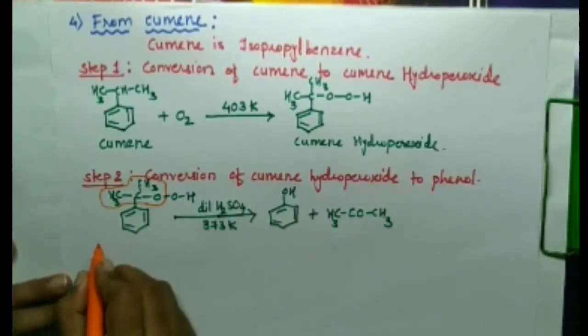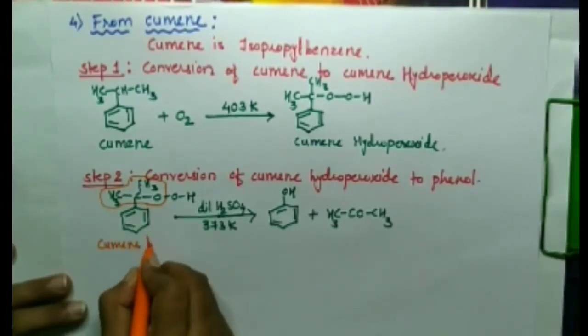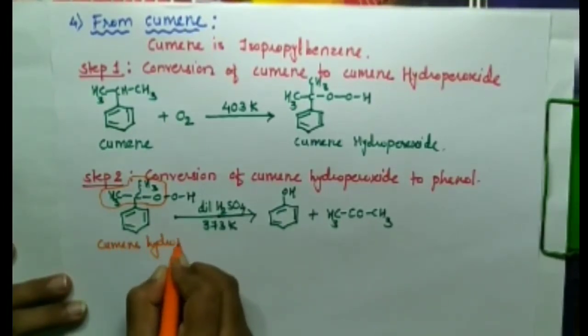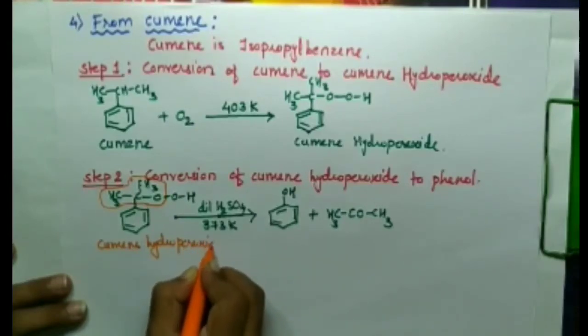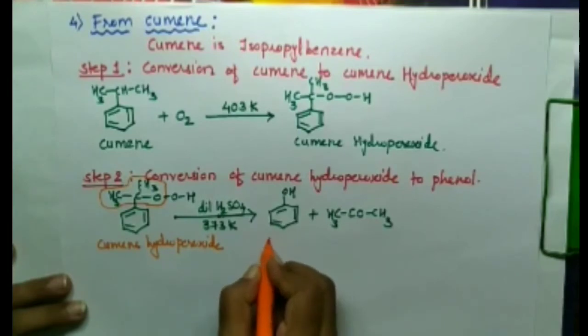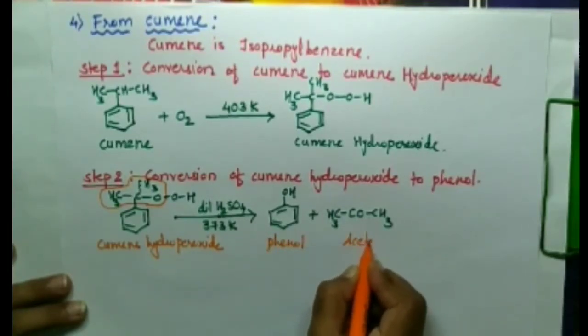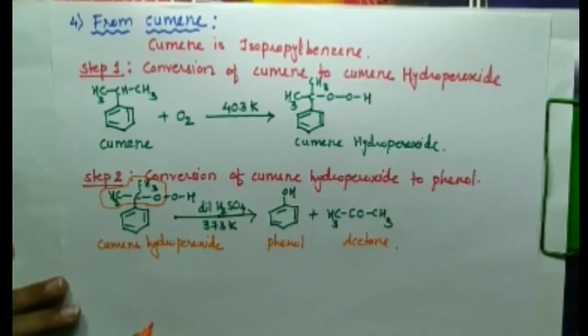So here this is cumene hydroperoxide. After heating with the dilute H2SO4 we will get phenol and acetone. This is the fourth synthesis of phenol from cumene.